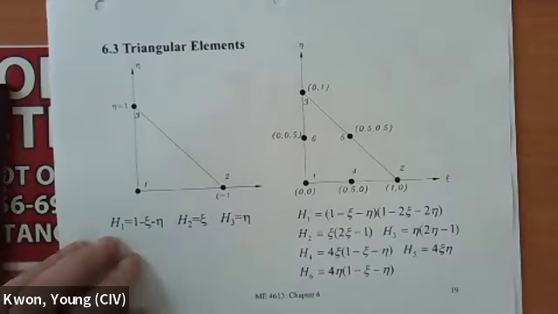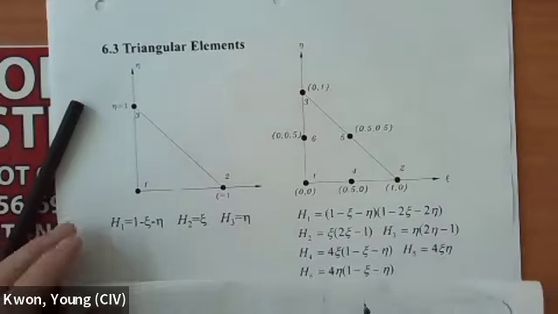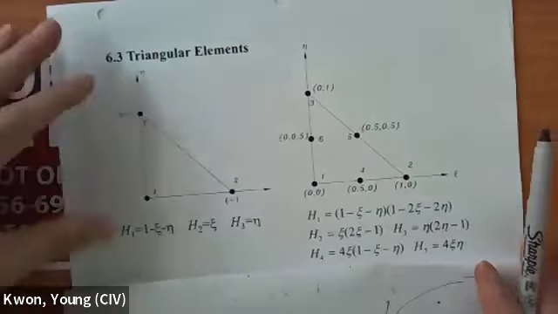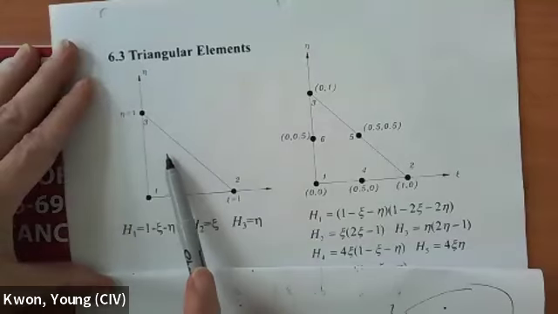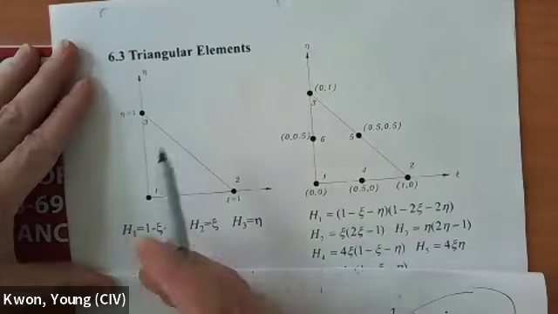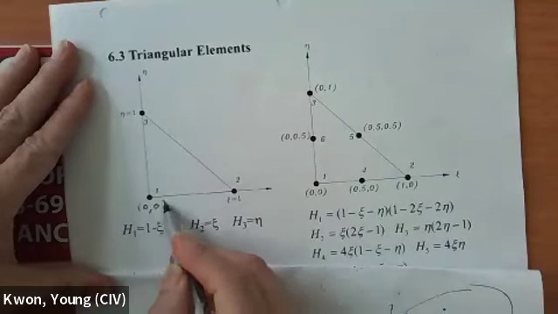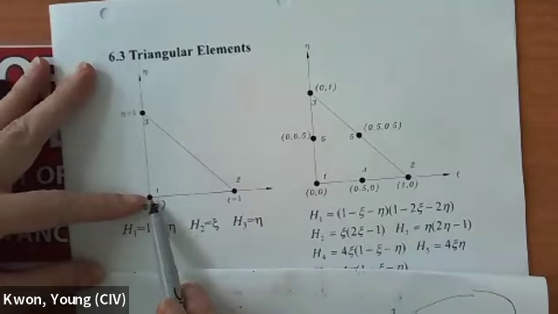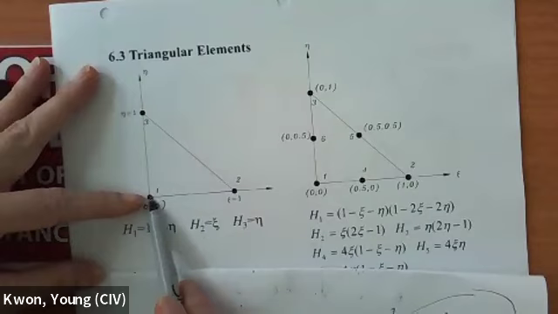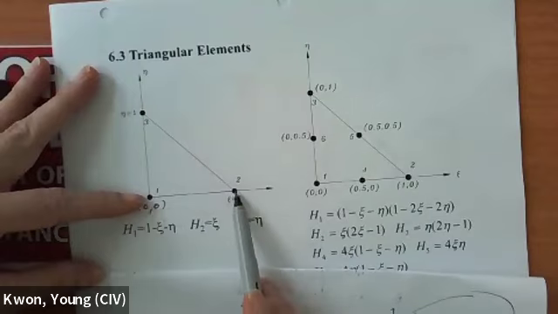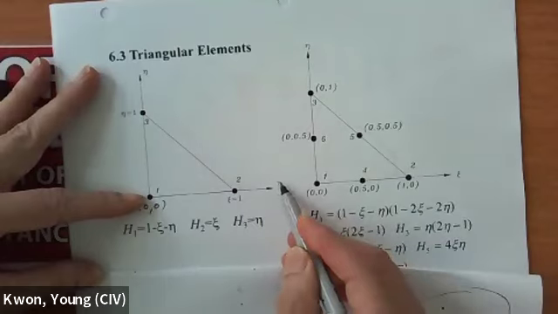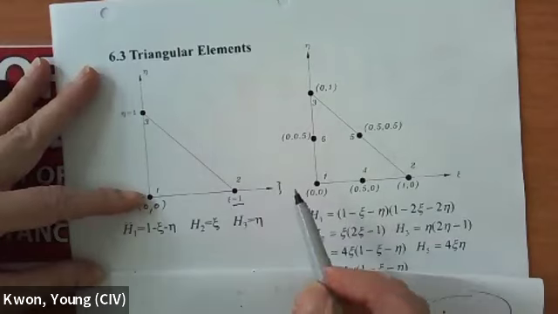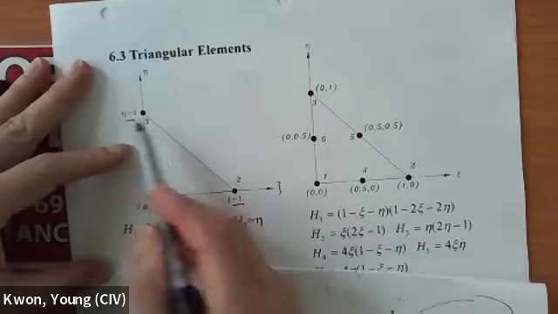the triangular shape of element in isoparametric element. For the triangular shape, we define the shape function this way. Node one at the origin, node two is going to be xi equal 1, and node three is going to be eta equal 1.